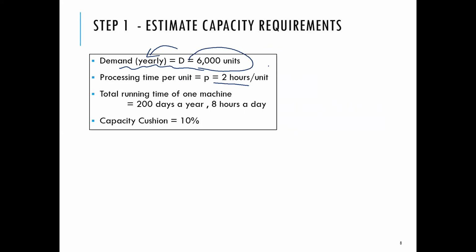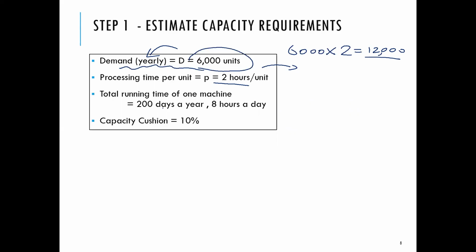So if I ask you how many hours do we need to fulfill this demand, the answer should be 12,000, which is simply 6,000 are the units that we need to make, and each unit takes 2 hours. So in total, we need 12,000 hours to fulfill this demand, right? That's relatively straightforward.